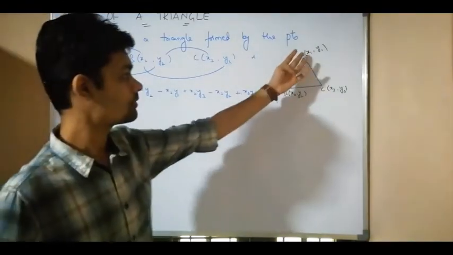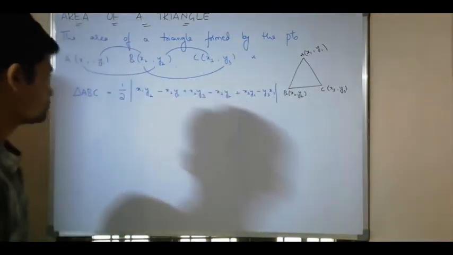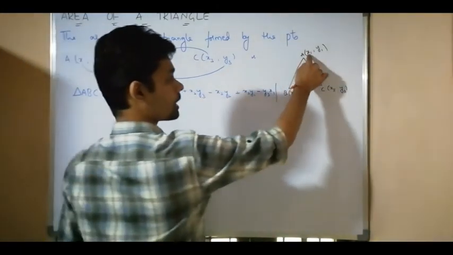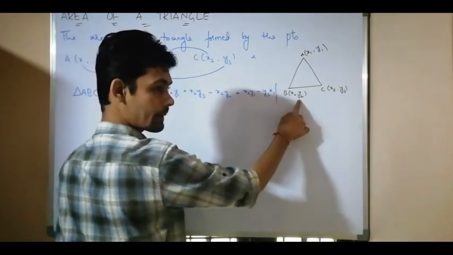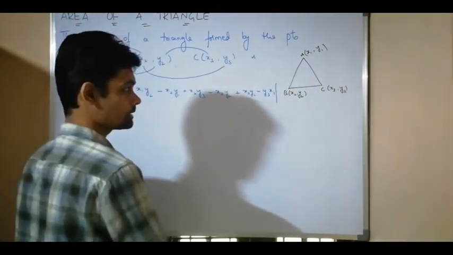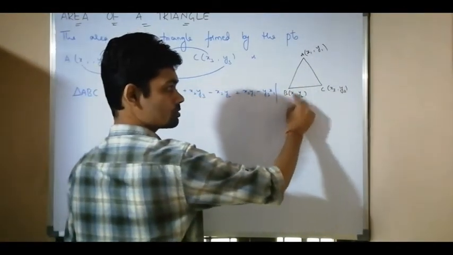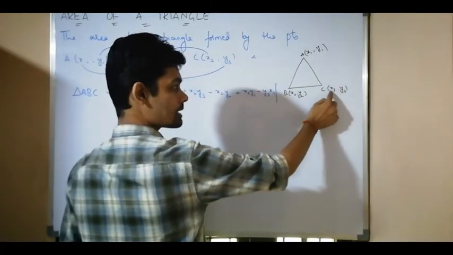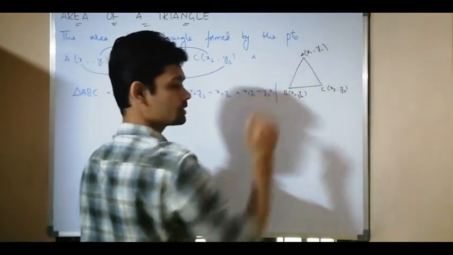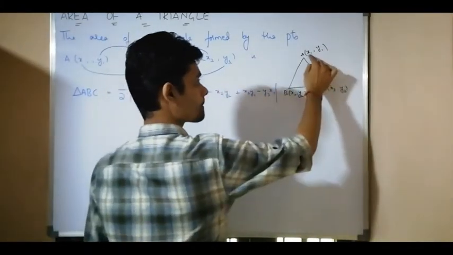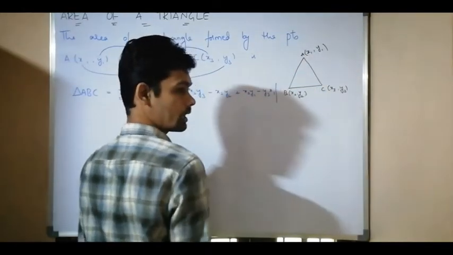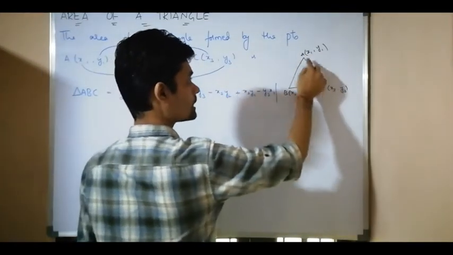Or you can remember it from this diagram also: area of a triangle ABC is equal to half modulus of x1 y2 minus x2 y1 plus x2 y3 minus x3 y2, these two completed, plus x3 y1 minus y3 x1.